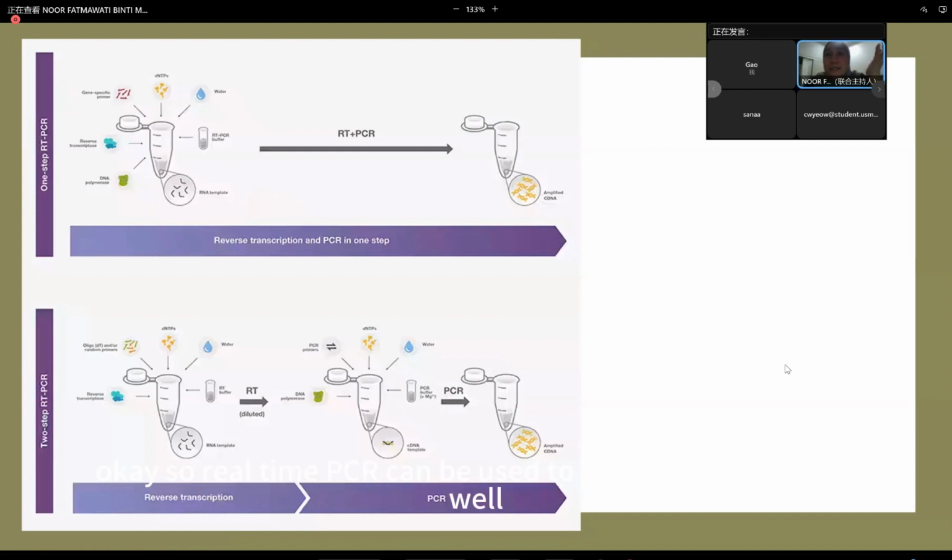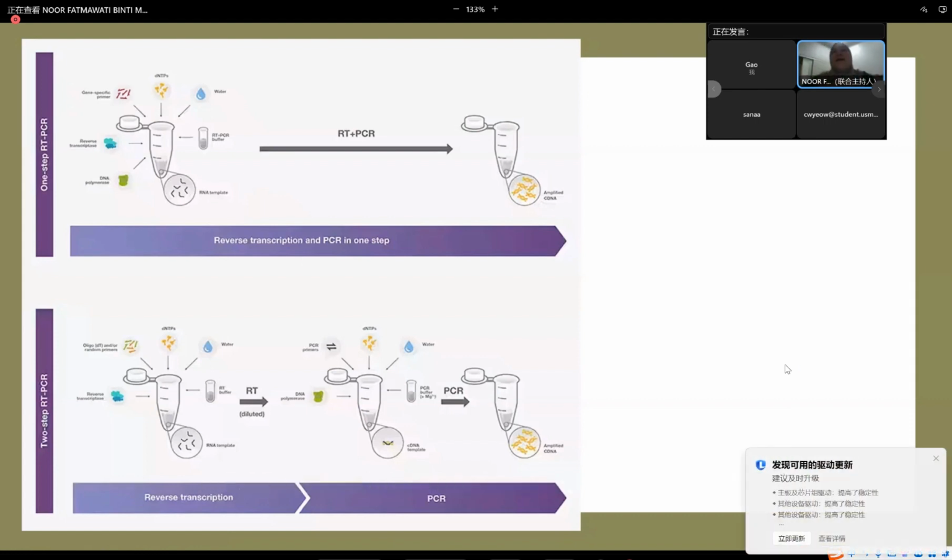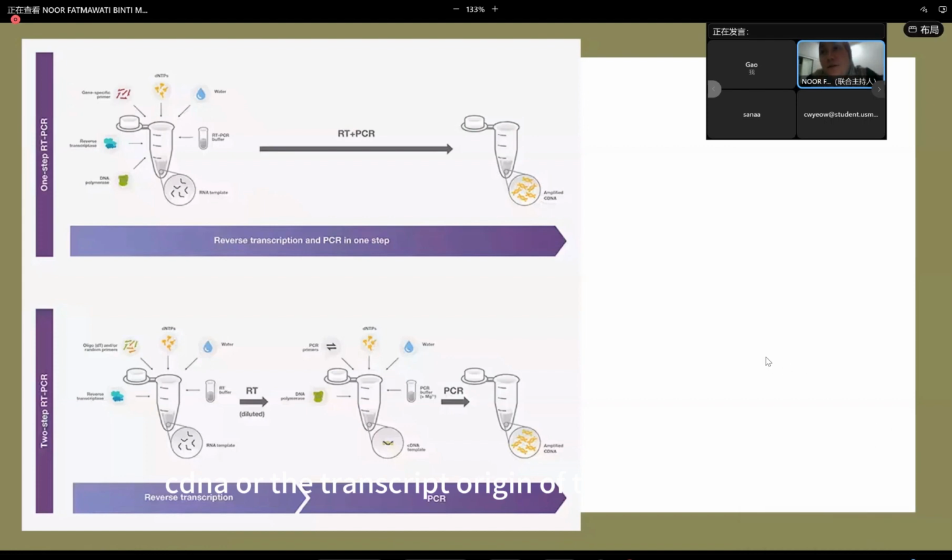Okay, so real-time PCR can be used to measure genomic as well. But if you say RT PCR, reverse transcriptase real-time PCR, your template is actually cDNA or the transcript origin of the sample. Okay.